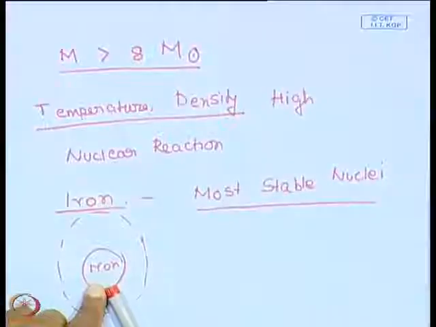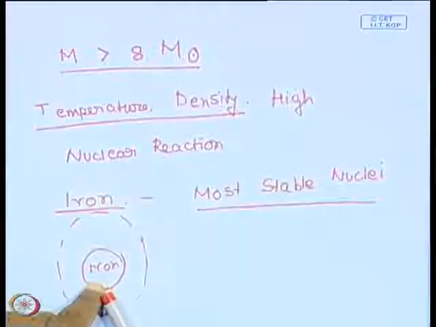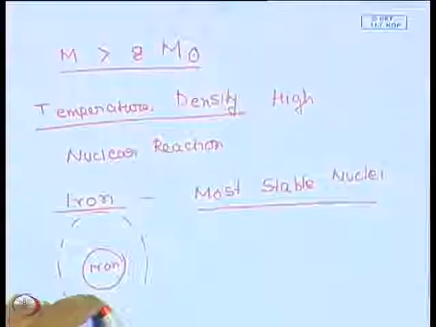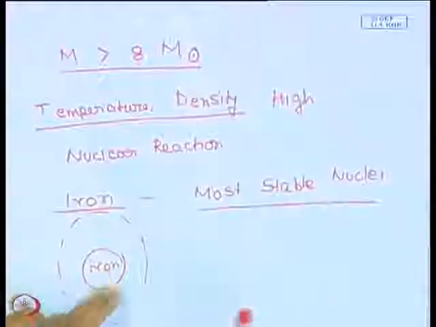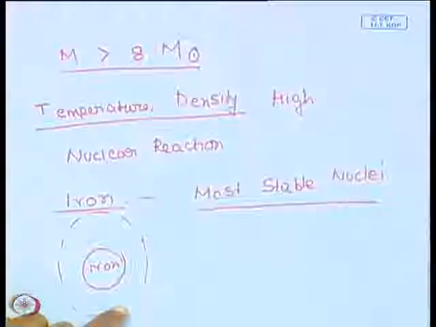But you can only produce up to iron by these processes. So, it was a big problem. How do you produce elements which are beyond iron, for example lead and uranium, all these very heavy nuclei? You cannot produce them in any thermal equilibrium process. In thermal equilibrium you will go to the most stable state which is iron.